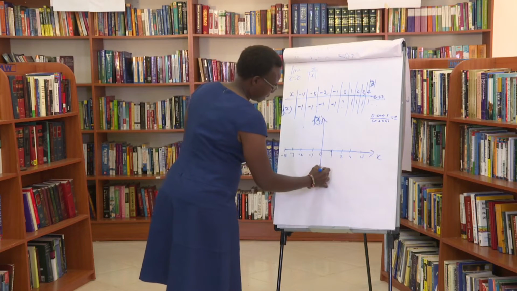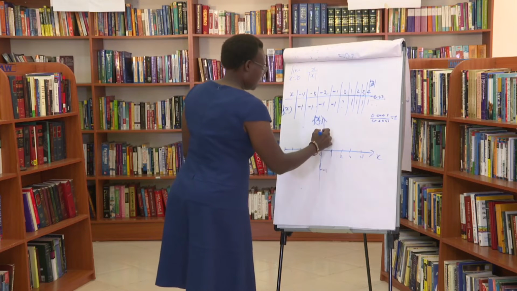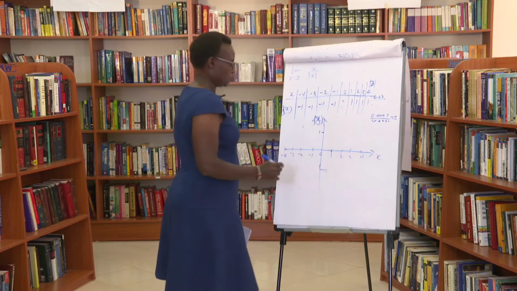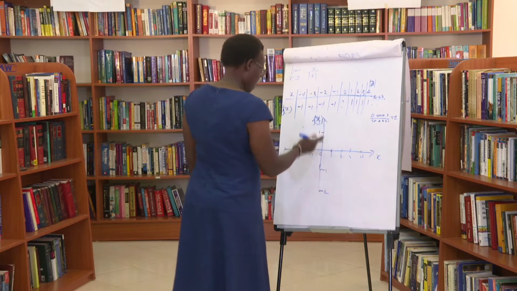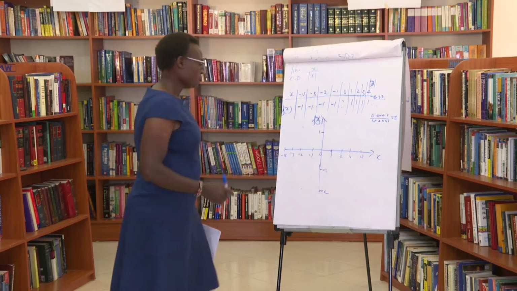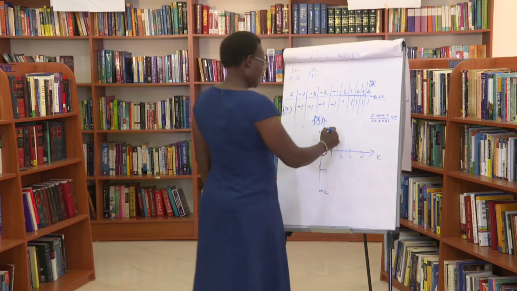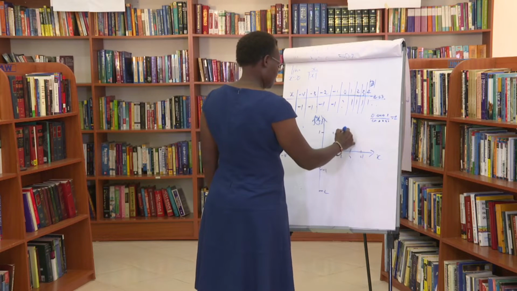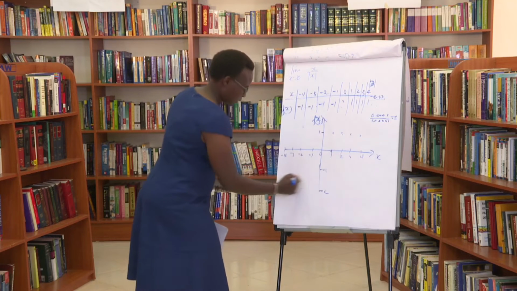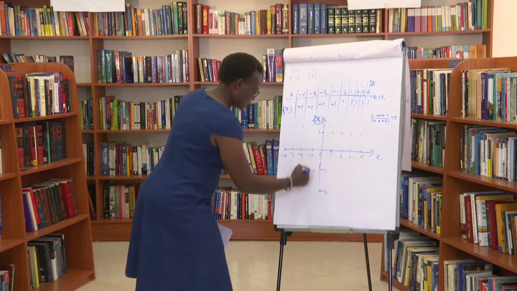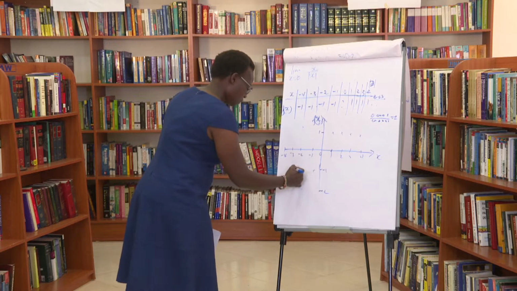So we have -1 at this point, we have 1 at that point. So these positive values are giving us all of them 1, 1, 1, and 1. On the other side, they're giving us -1, -1, -1.